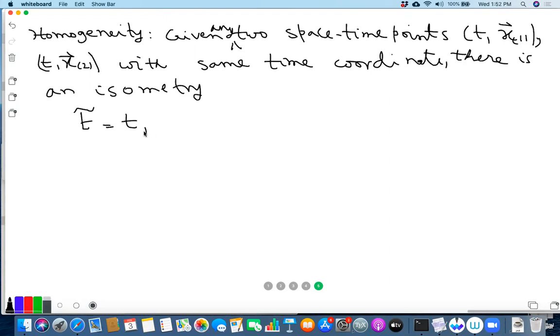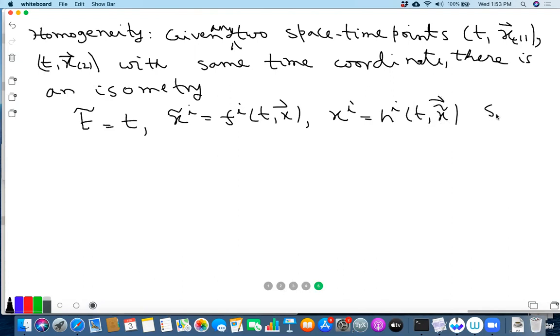Okay, so the time coordinate doesn't change. x tilde i equal to some φ_i of (t, x), with x_i being the opposite, so ξ_i of (t, x tilde), such that the following holds. Namely, φ_i of (t, x1) is equal to x2.